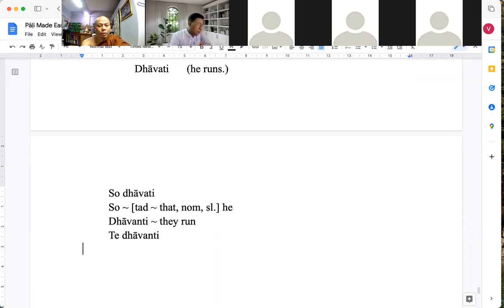Here also this te is the same personal pronoun, meaning that, common sense. But here, used as a subject, that is the nominative case, and plural, meaning they.